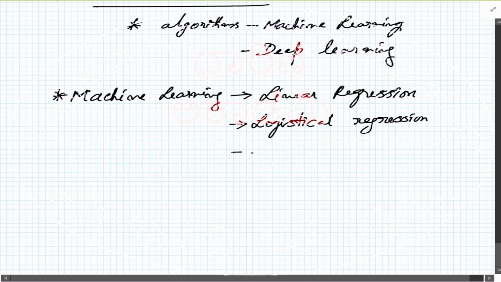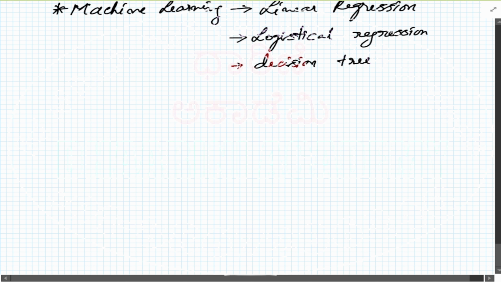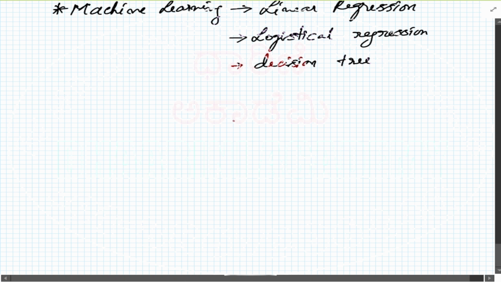Then followed by this, definitely you have studied the decision tree, correct? If you remember what's there in a decision tree, the name itself suggests that some decision has to be taken, and there is a tree over there. But what's the tree doing over there? You have a particular point where you ask a question and you have two options, either yes or no. Again, you reach a node and come to other options.